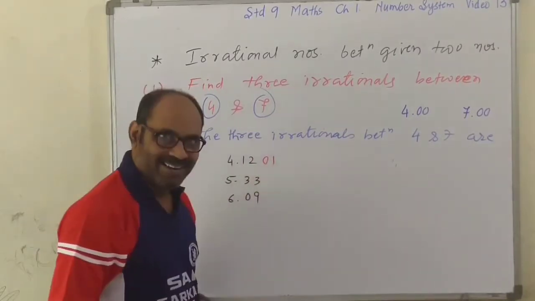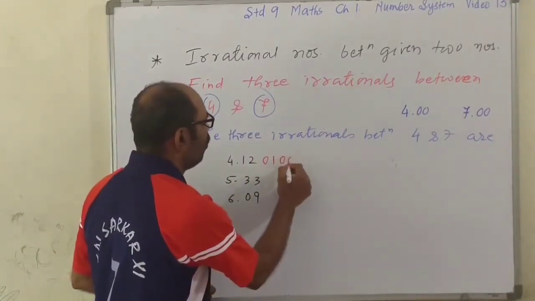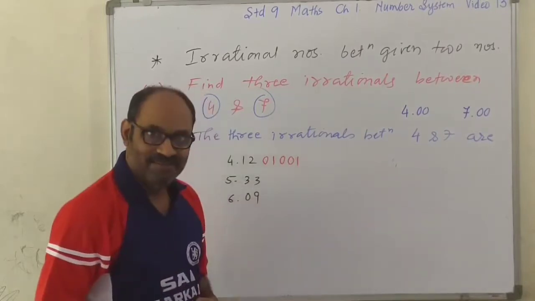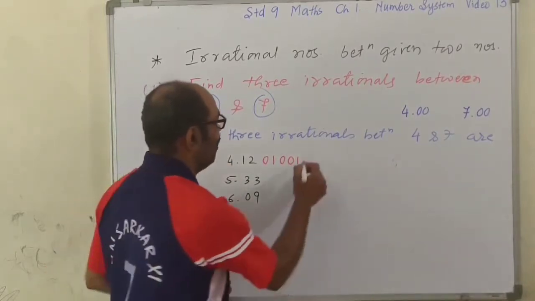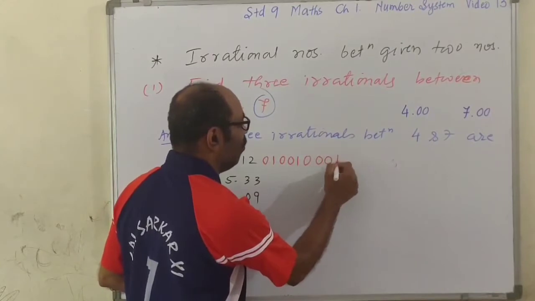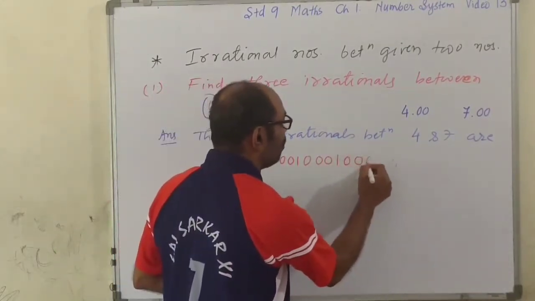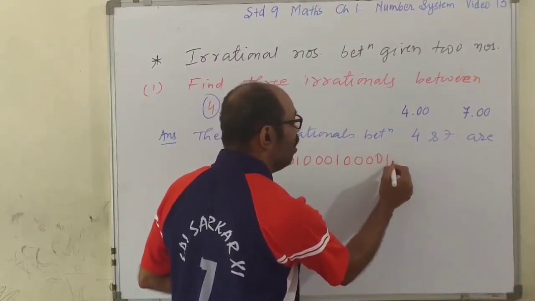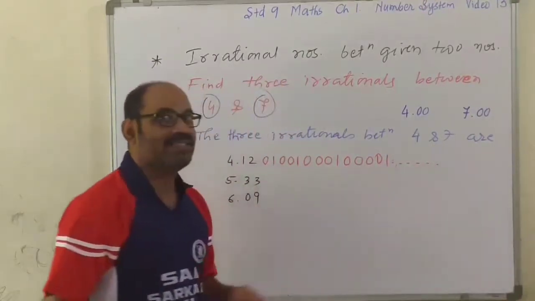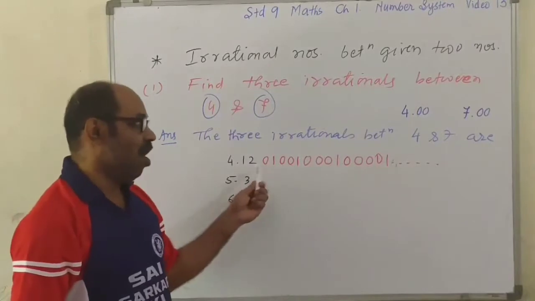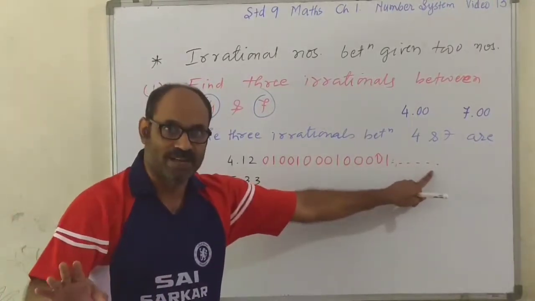0, 1, 0, 0, 1. Now I'll write 3 zeros: 0, 0, 0, 1. Now I'll write 4 zeros: 0, 0, 0, 0, 1. What does this show? It shows non-terminating.